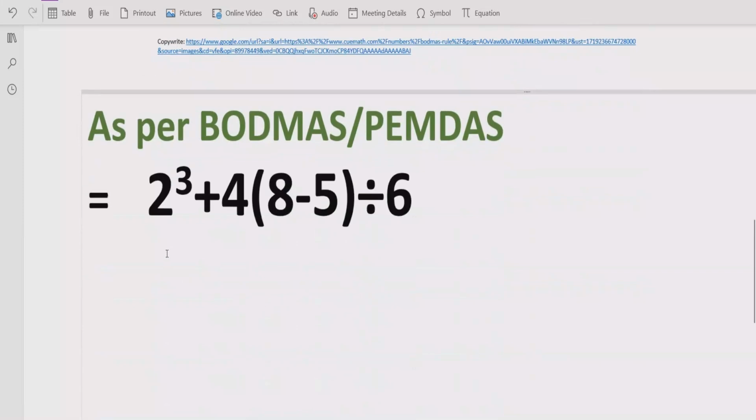Now, move forward to solve the given expression. As per BODMAS and PEMDAS rule, we have to solve the bracket first. So first of all, we have to solve this bracket, just 8 minus 5.